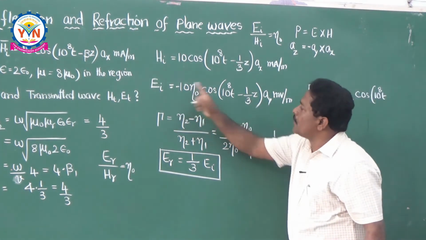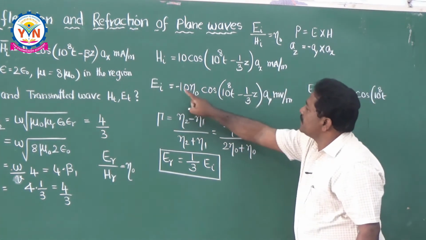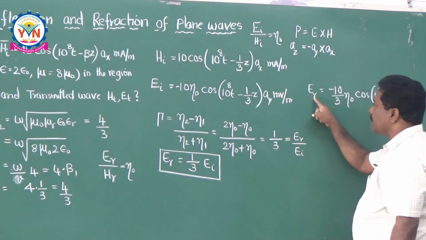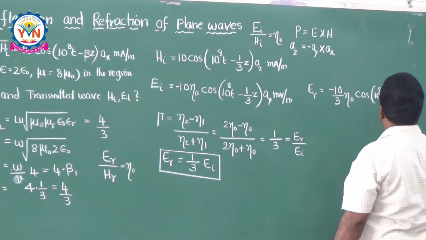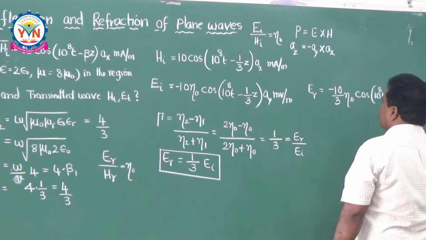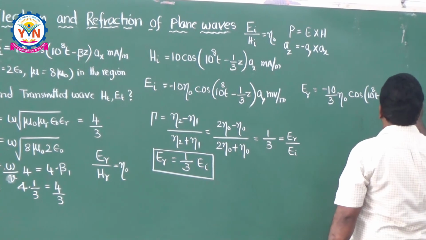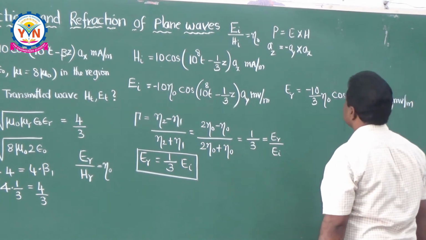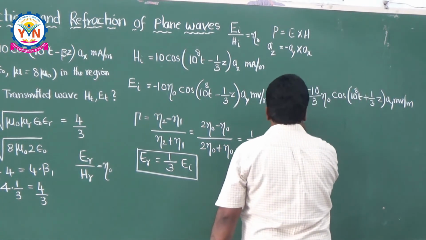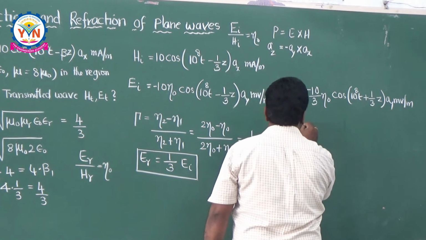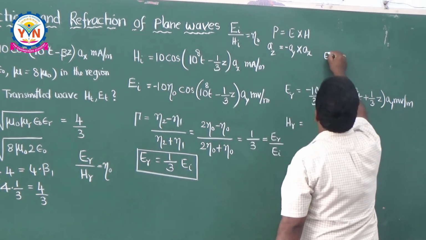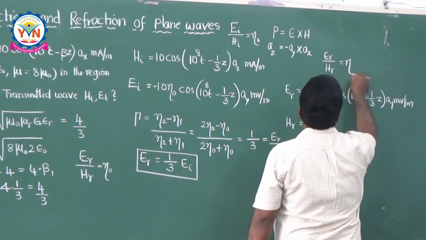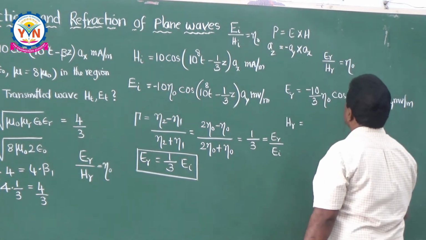This is the reflected component, and that was the incident component. They are opposite to each other. The wave is propagating in plus z here. Now for the reflected component, it is in the opposite direction, plus 1/3 into z into ay millivolts per meter. Then similarly, ER by HR is equal to eta, so this is nothing but eta naught in the same medium.